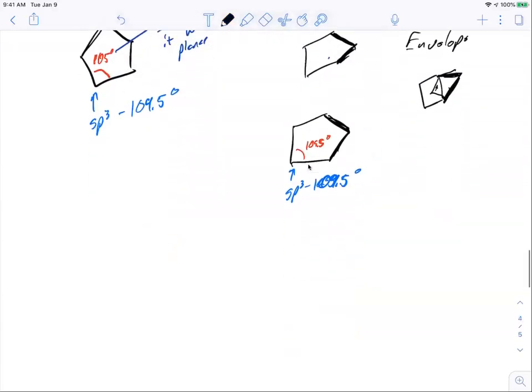When we go to a 6-membered ring, well, that's an ugly 6-membered ring. Here again, we have an sp3. But now if that was planar, what would be the internal angle? So 120 degrees.